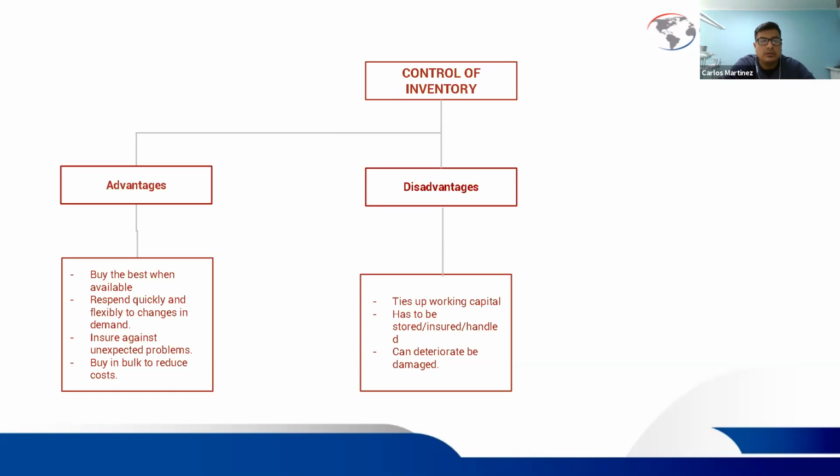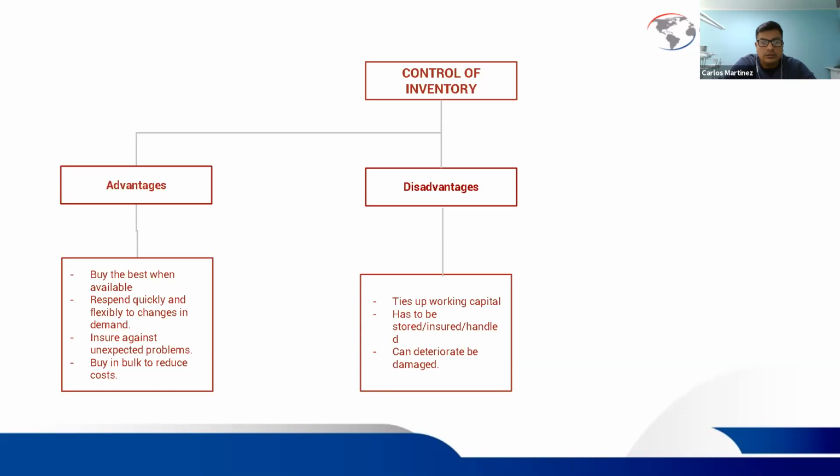Okay, so notice how it has many advantages. You won't have a problem, or if you do, it will be quick to solve because you have things at hand. You are prepared against any unexpected problems. If you buy in big quantities, it's going to be cheaper. But the disadvantage is that all this money sitting there without you using it yet is tied up capital.